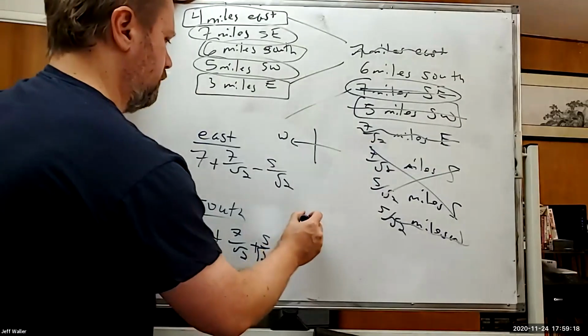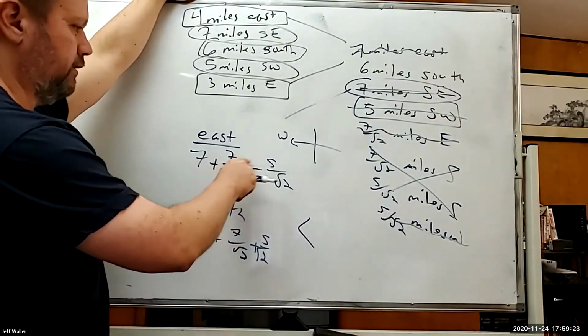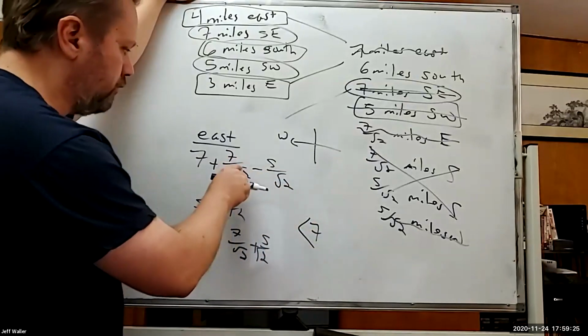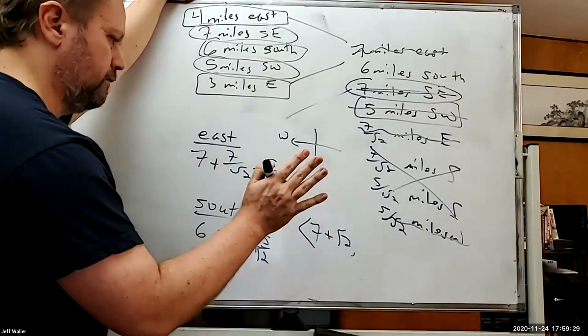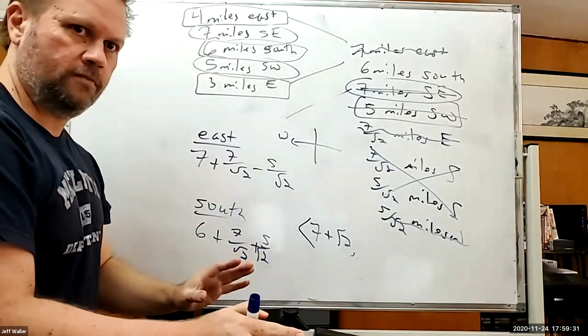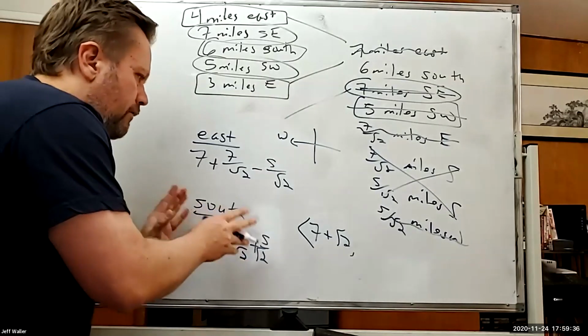So then what is this vector going to be? It's going to be 7 plus 2 divided by rad 2, which is rad 2. Are you guys okay with that? And this is south, I know.